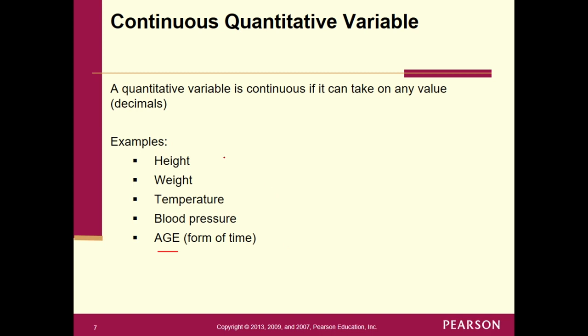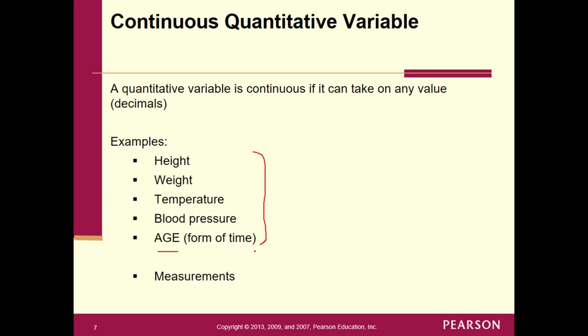If you think of age as time, all of these have something in common other than being continuous: they're all measurements. We have to measure your height, your weight, temperature, blood pressure, and time. We don't count those things, we have to measure them, because we can't physically count things that can take on decimals.